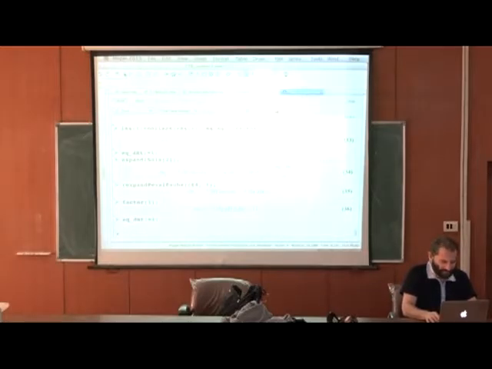Well, let's see the constraints, the algebraic constraints. So the equations for A and gamma are the same. No, they're not. See, remember this equation?